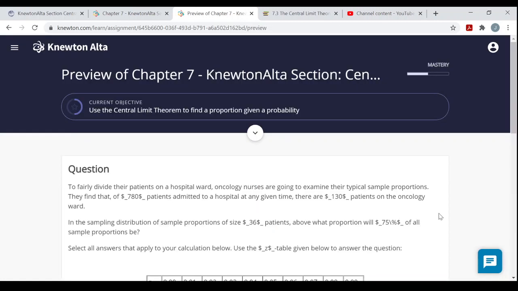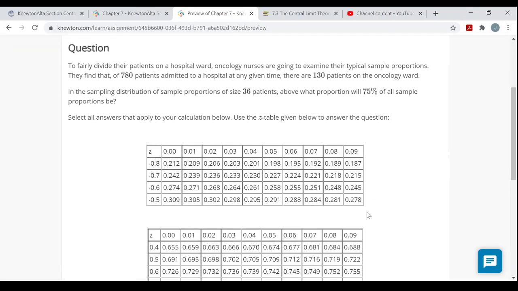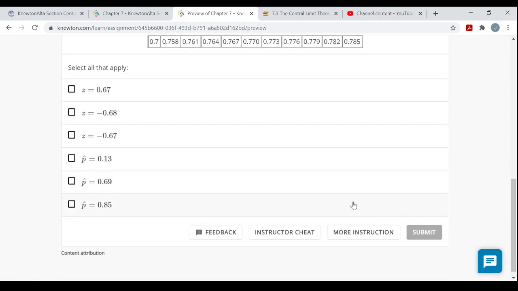All right. So this one is another one where you find a proportion given a probability. You're given an area under the curve, and you're finding certain values on the axis. So you can use the table, like I did in an earlier problem, or that inverse norm. That might help as well. I'm going to cheat on this.